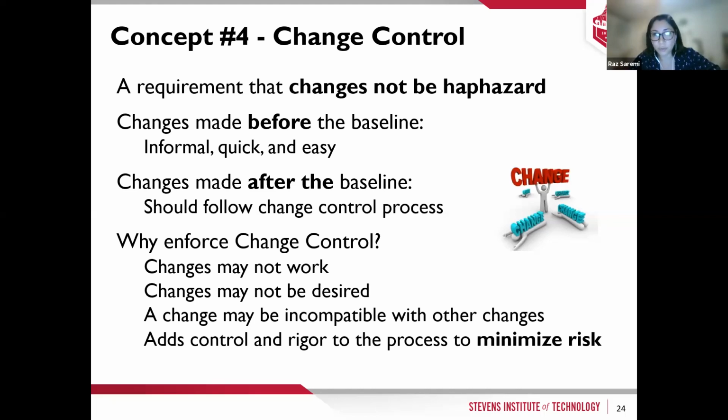In the change control board, we need to explain why it's desired. Does it work or does it not work? Is it compatible with other changes from different parts of the system? And how can I make sure that I have a minimum risk for system failure?